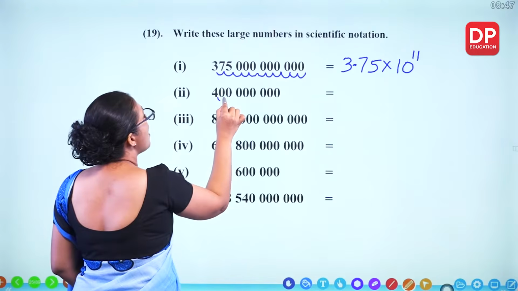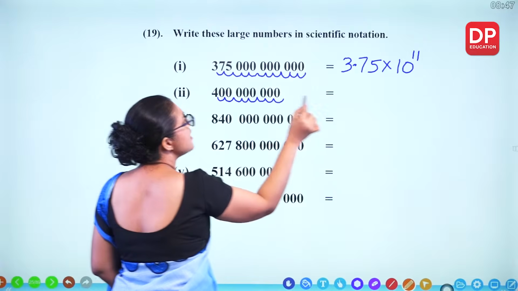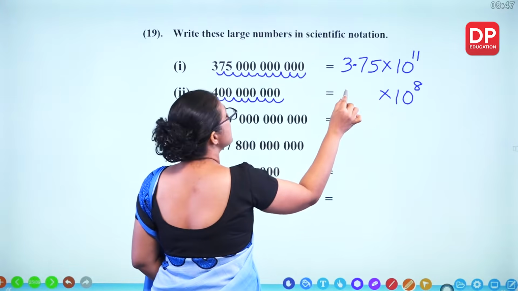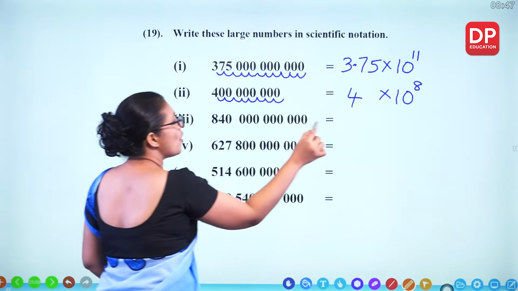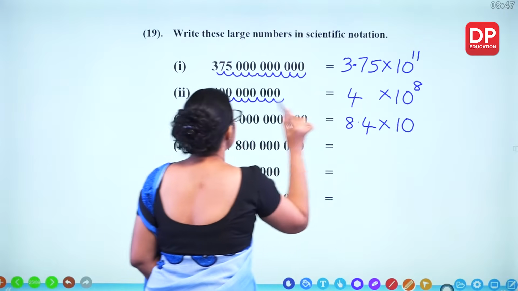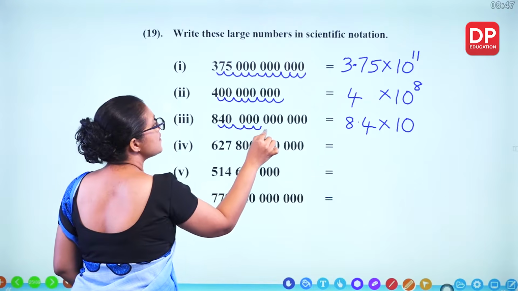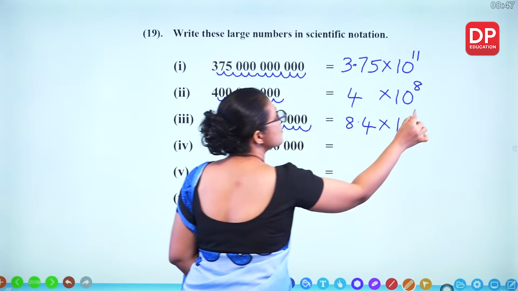This one, 1, 2, 3, 4, 5, 6, 7, 8 places to the right. 10 to the power 8. 4 is the number less than 10. 8.4 is the number less than 10. How many places? From here, 1, 2, 3, 4, 5, 6, 7, 8, 9, 10, 11 places to the right.